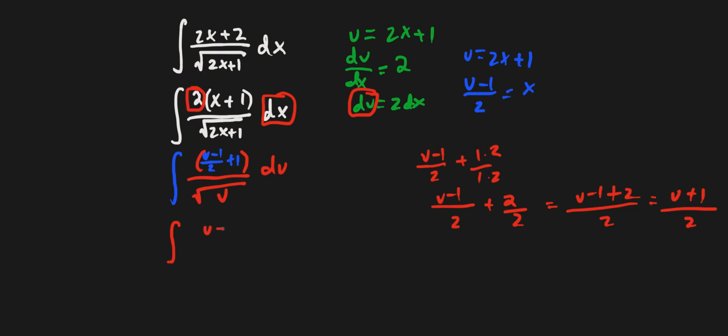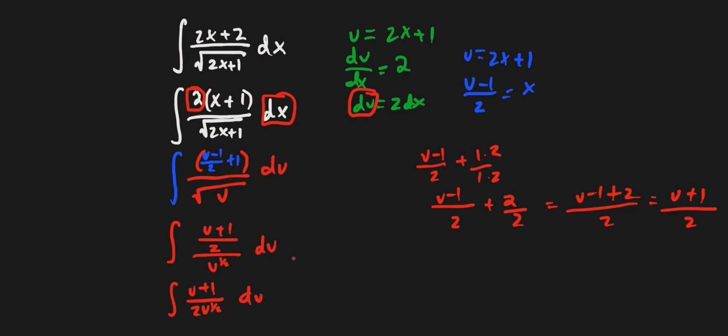So that's just going to become u plus 1 over 2 over u raised to the 1/2 power du. So u raised to the 1/2 power can be brought up by multiplying by the reciprocal. So this is just going to be u plus 1 over 2u raised to the 1/2 power du. So now this is what we end up with.